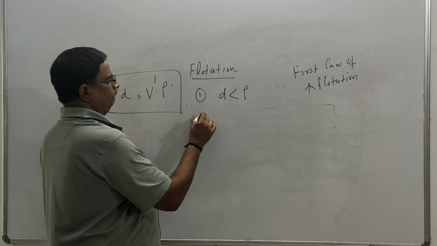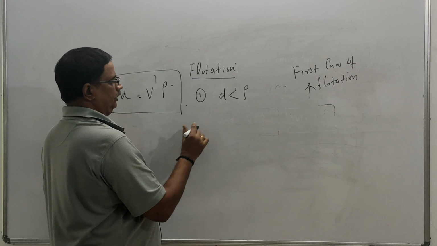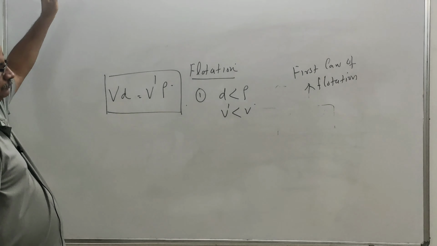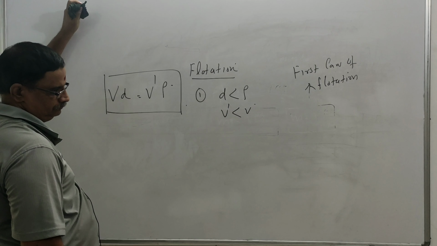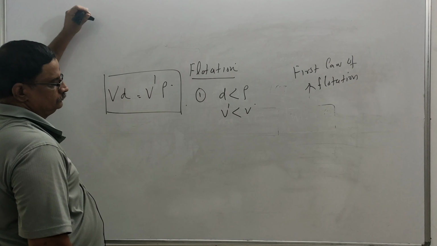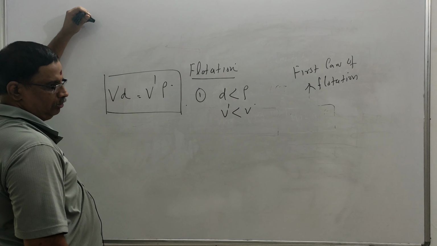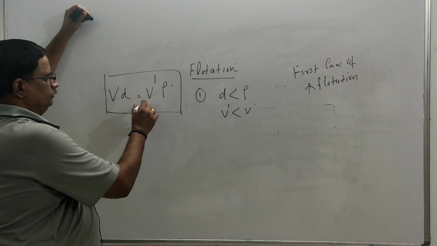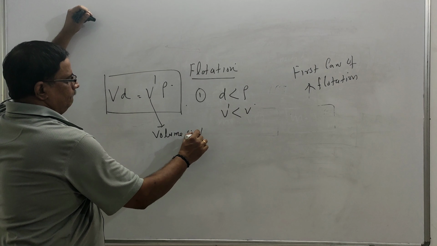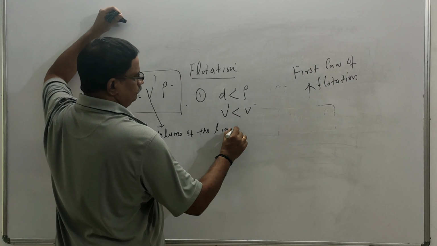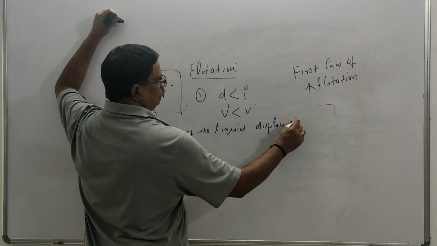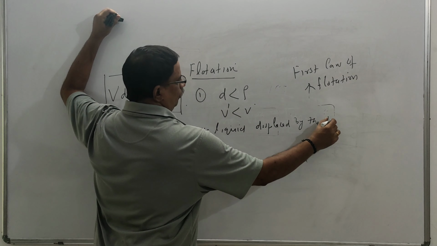Then clearly, for this equation to be satisfied, V dash should be less than V. V dash is the volume of the body inside the liquid, or the volume of the liquid displaced by the body.